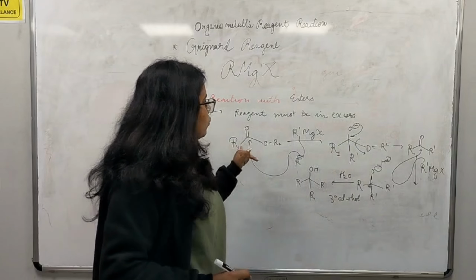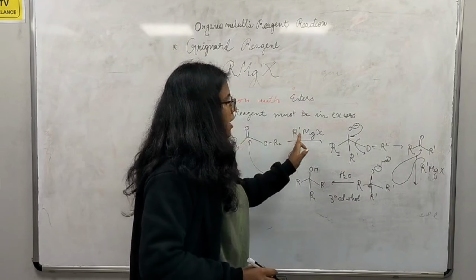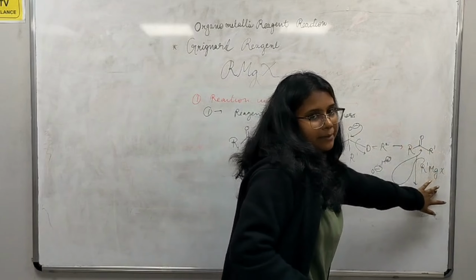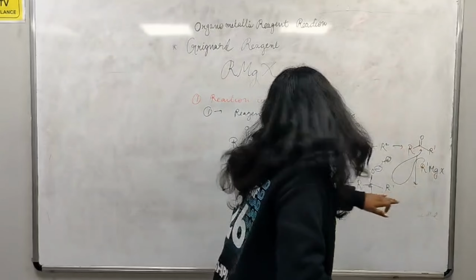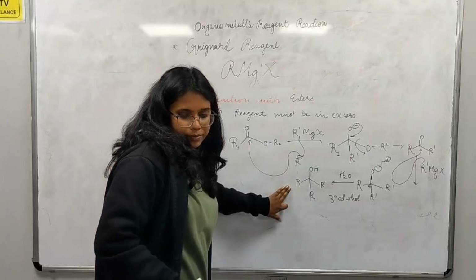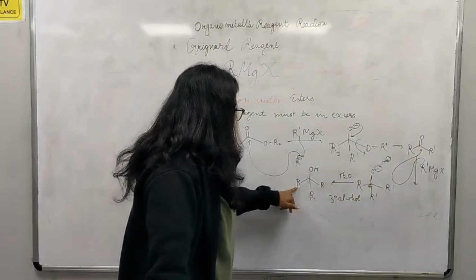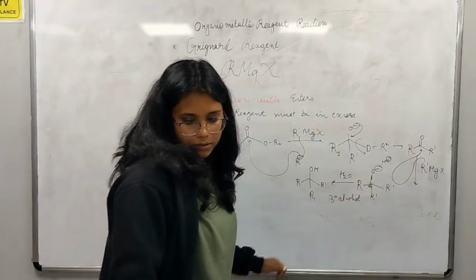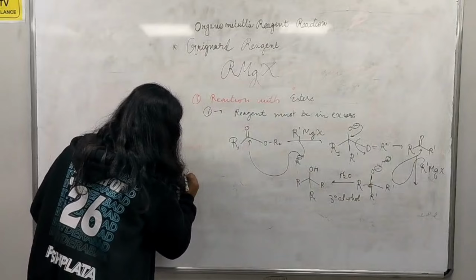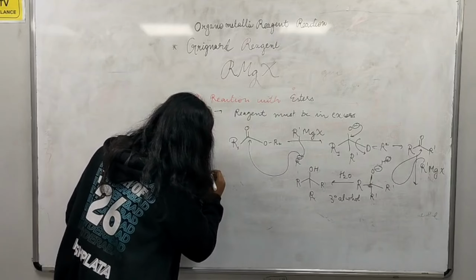So here we have noticed that we have used this reagent 2 times, which leads to the alcohol group. First it converts into the ketone group and then into the alcohol group.